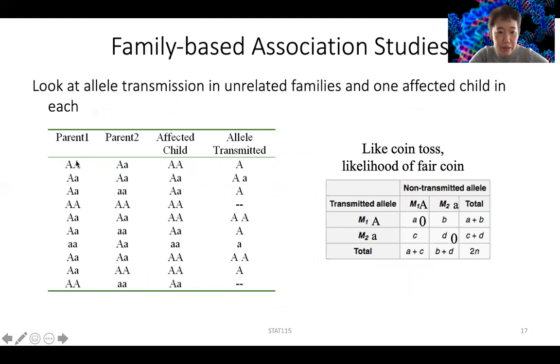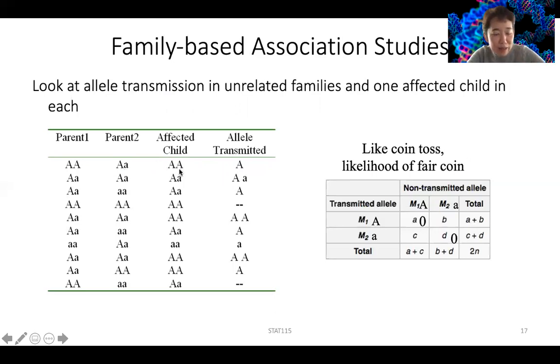Yes, it is transmitted, for sure that big A has to go to a child, but it's not informative because that sperm didn't actually have to make a choice. It's always big A. Whereas the other parent, or maybe an egg in this case, can make a big A germ cell. It can also make a small a germ cell.